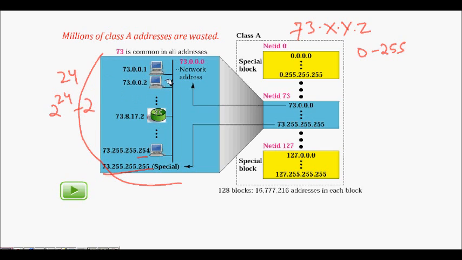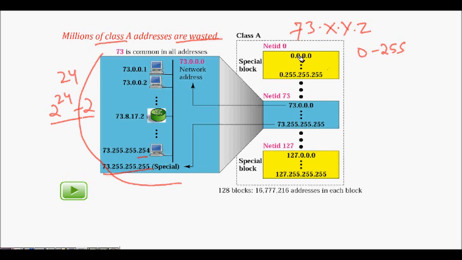Now this network has so many hosts that in fact no organization using a class A address can have this many hosts. So millions of class A addresses are wasted. Even a very big organization, if it takes a class A network, will mostly not be using all those hosts.